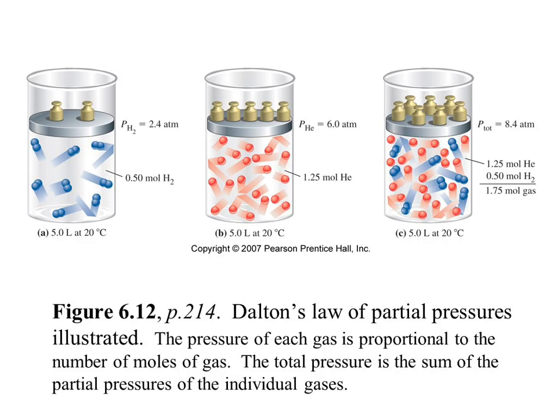Isn't that kind of cool? Visual. And so the total pressure of this gas mixture, hydrogen and helium, is 2.4 plus 6, 6.4. Oh, sorry, 8.4. All right? Visually, that's what we have going on there. And the volume is the same, quantified as 5.0 liters all across the board.